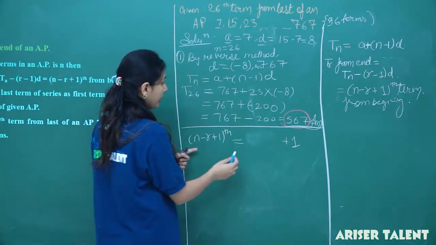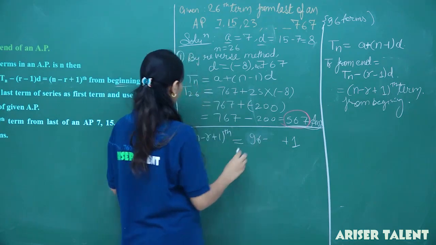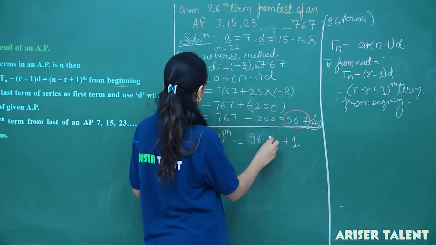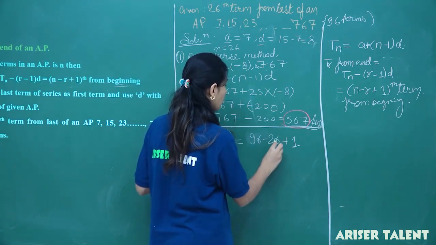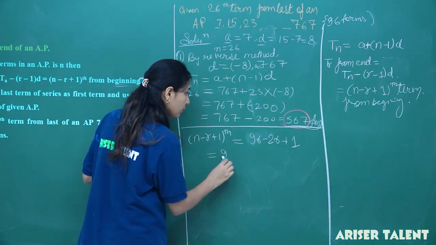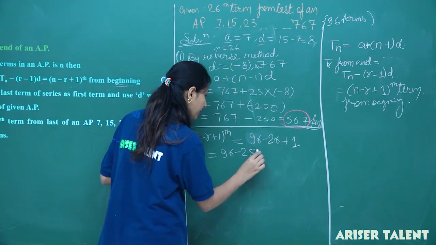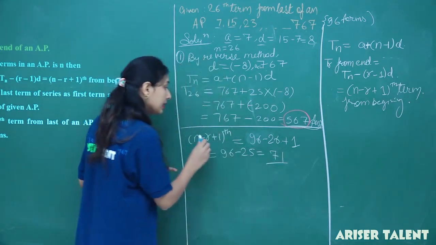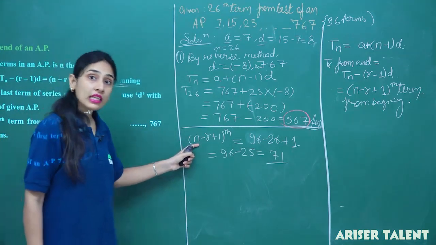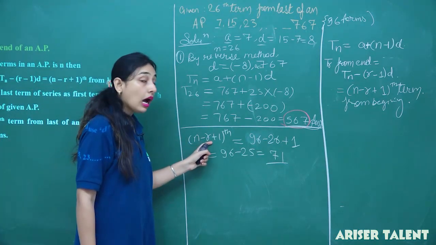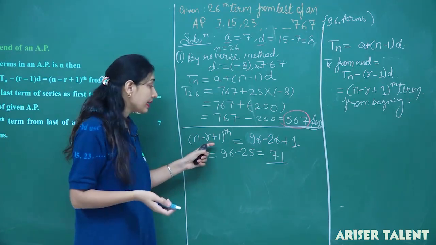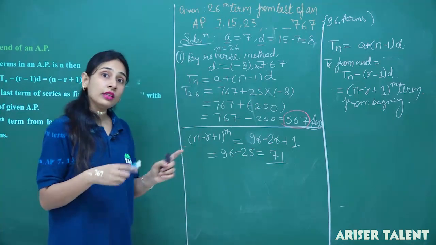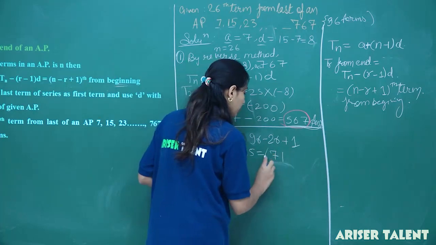So we have 96 terms, and r is the number of the term we have to find, the 26th term. Now that gives 96 minus 25, which is 71. In this formula, n is the total number of terms, mark it here, and r is the number of the term you have to find, that is the rth term. Now the 71st term you have to find out.